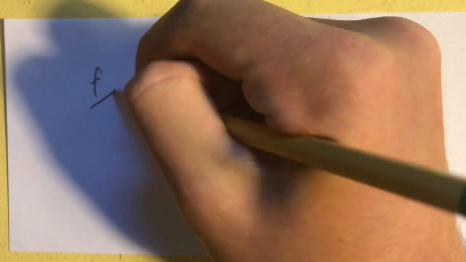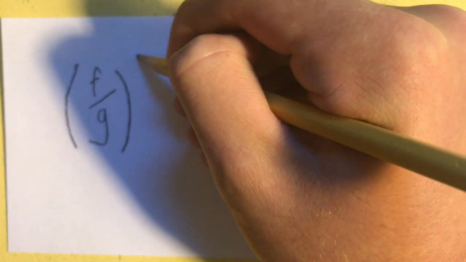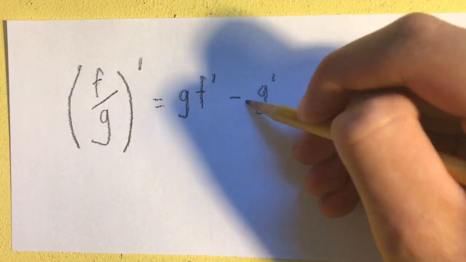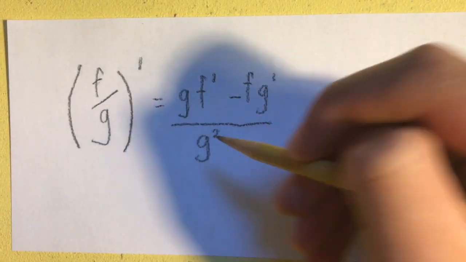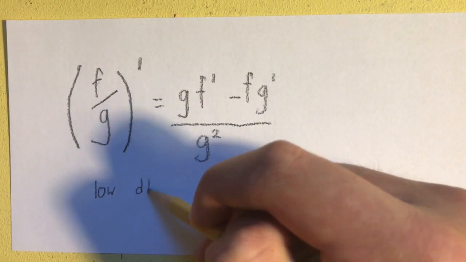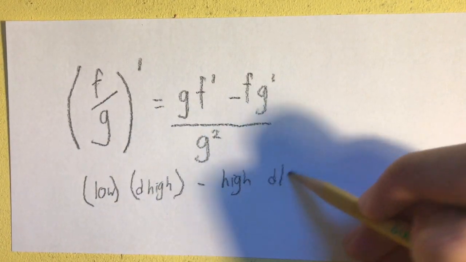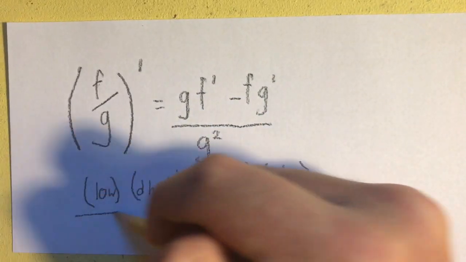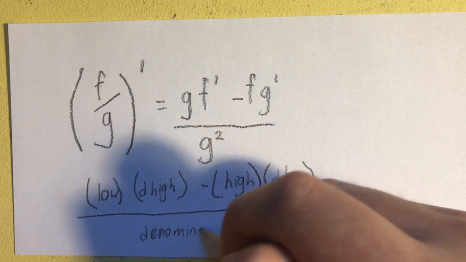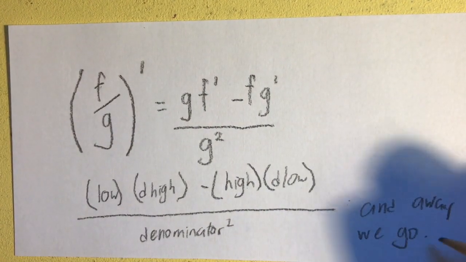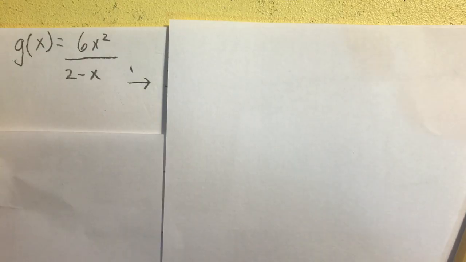The commonly used formula for the quotient rule is, if f is the numerator and g is the denominator, g f prime minus f g prime over g squared. But the cool trick Mr. Farrar taught us in class was this little song: low d high minus high d low, squared to the denominator, and away we go. A good way to remember it on a test.